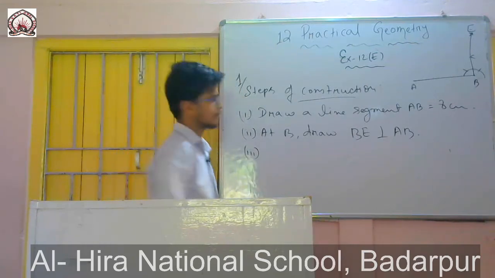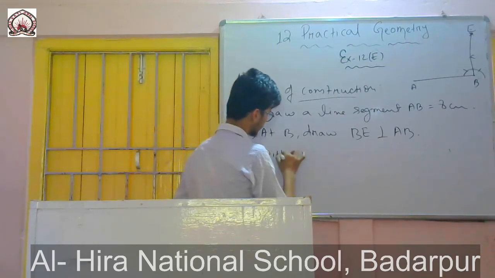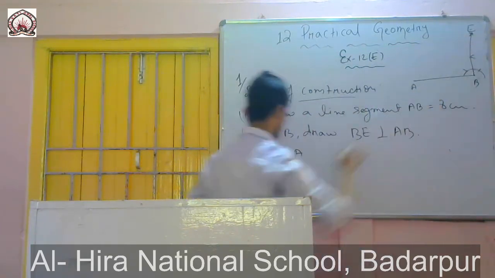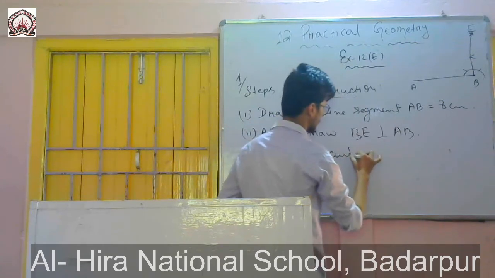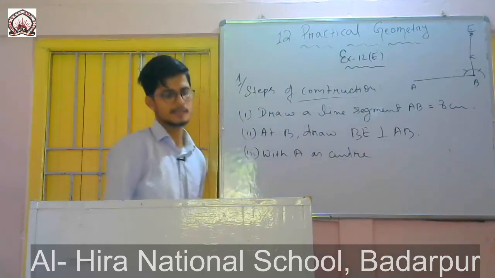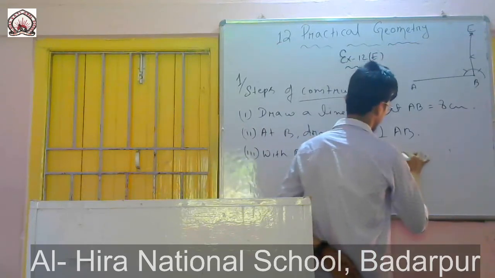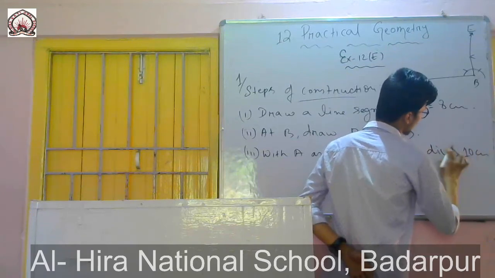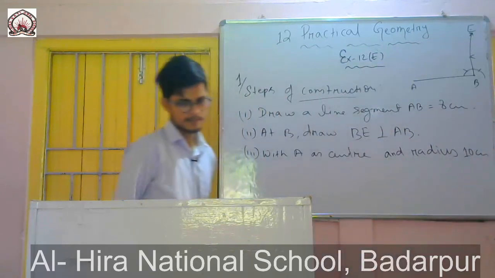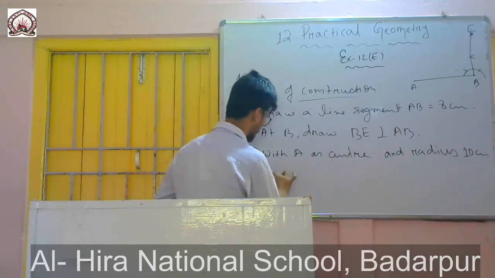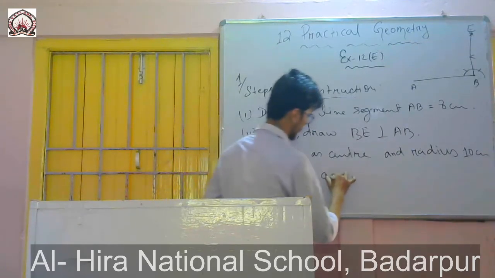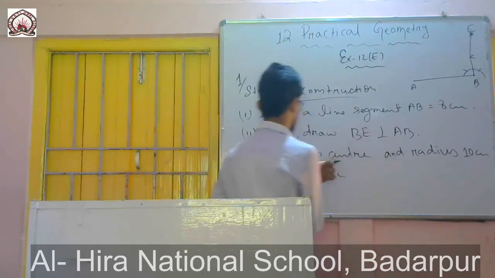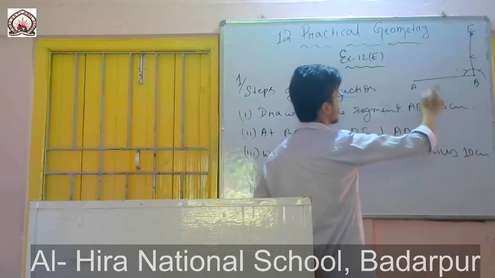Now with A as center, what we did, I took A as center and gave an arc like this with radius 10 centimeter. Draw an arc. So what we did, we took A as center and the radius of my compass was 10 centimeter.